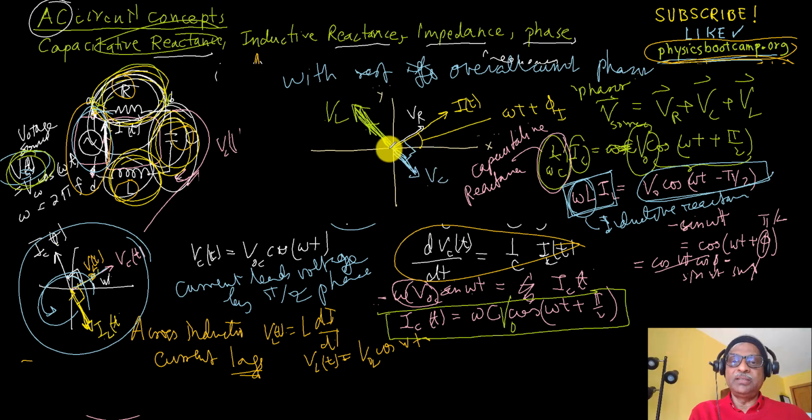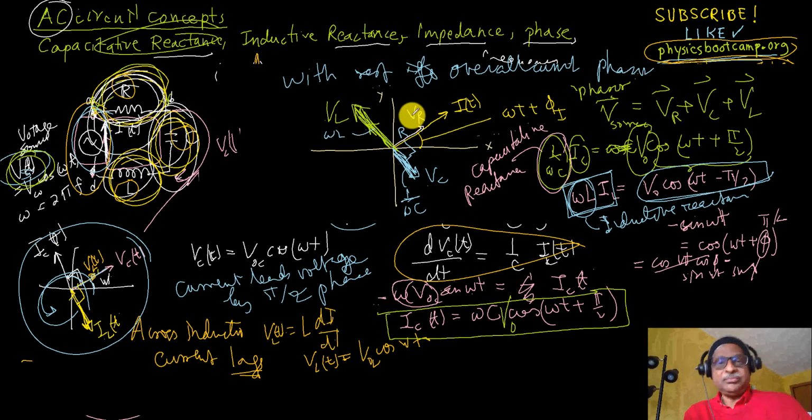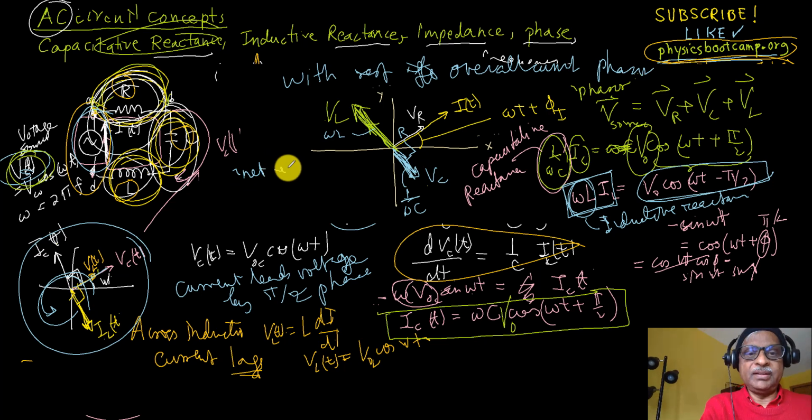So the length of this will be 1 over omega C, this length will be omega L, and this length will be R. So you can see that in terms of vectors, there can be a so-called net resistance in this circuit, which goes by the name impedance.